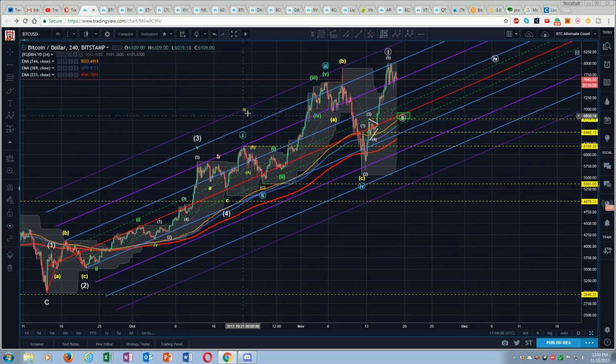Now, there's some parts of this that I don't love, and there are some interesting pivots here that I'm going to show you. If indeed this is an ABC, we have the expanded flat here, the A, then the spike B. This was the news event, the no fork event, and then we get this very clear 5-wave sequence down.